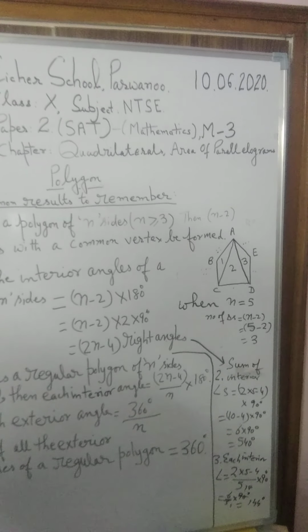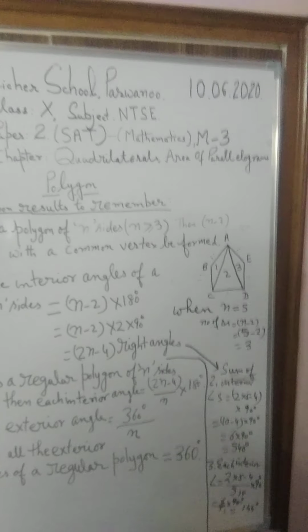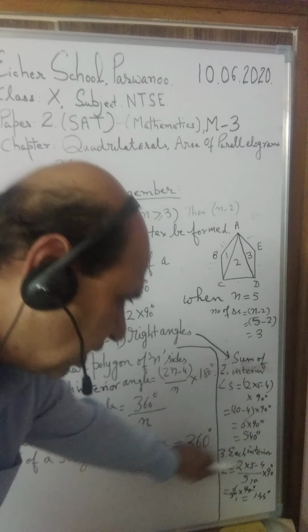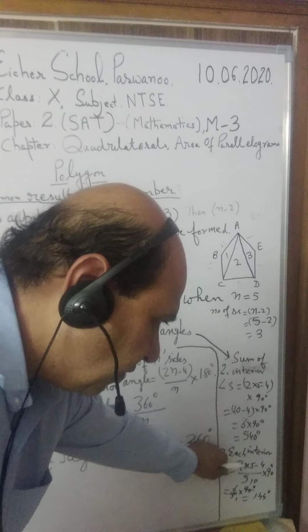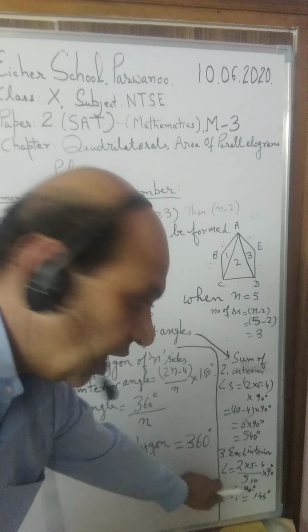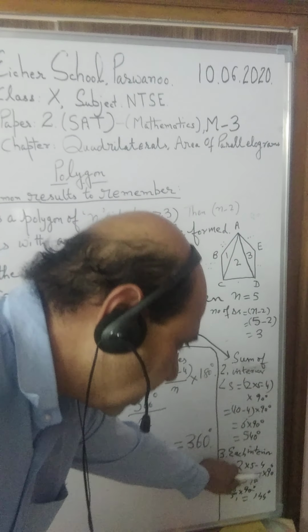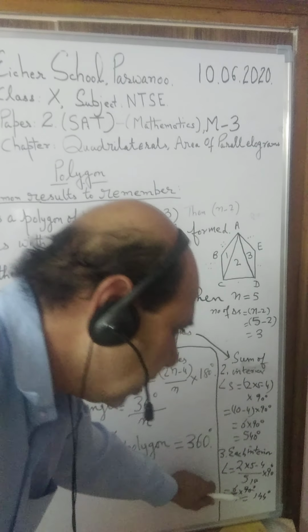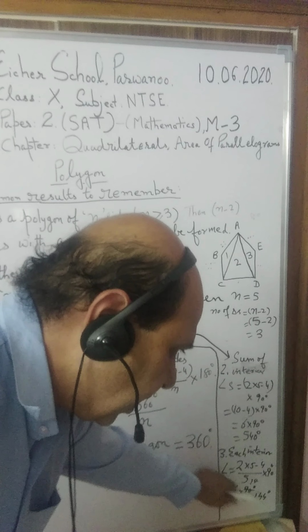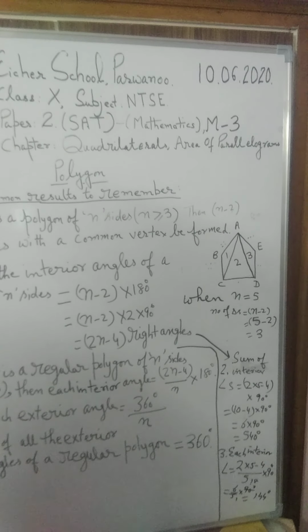If we see carefully here, in the last one, each interior angle is given by this formula. Each interior angle is equal to 2 multiplied by 5 minus 4 divided by 5, multiplied by 90 degrees, is equal to 6 upon 5 multiplied by 90 degrees, is equal to 144 degrees.